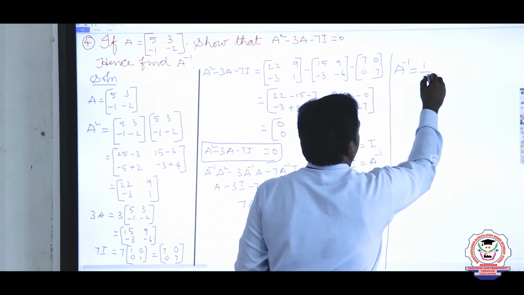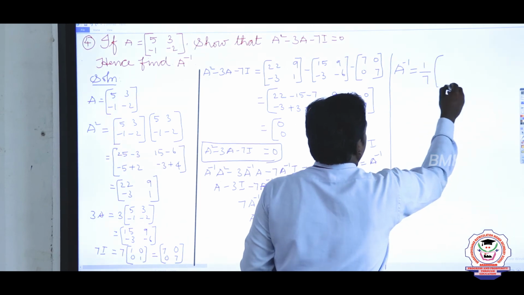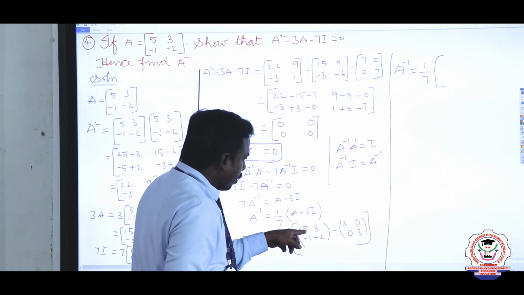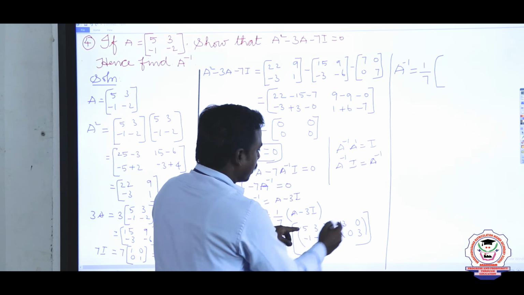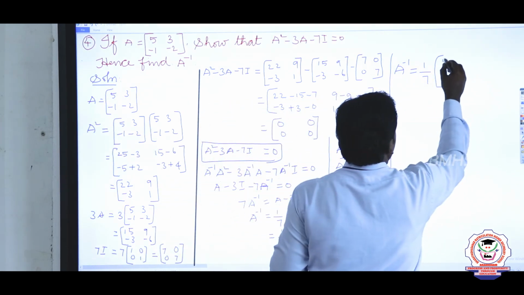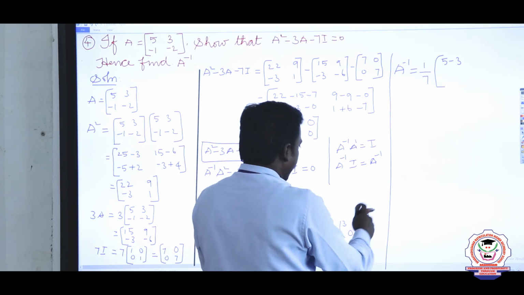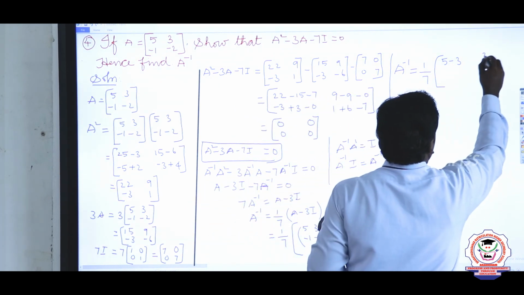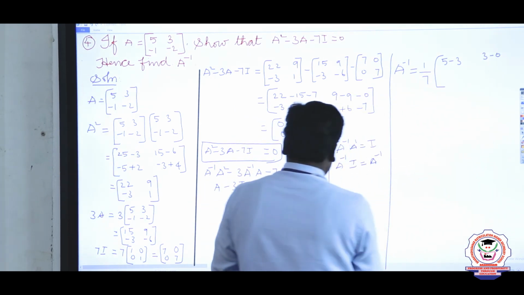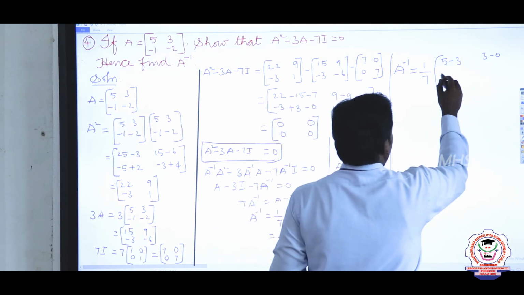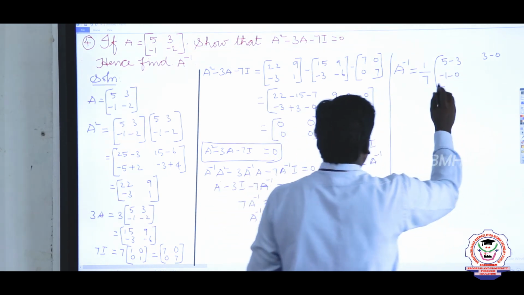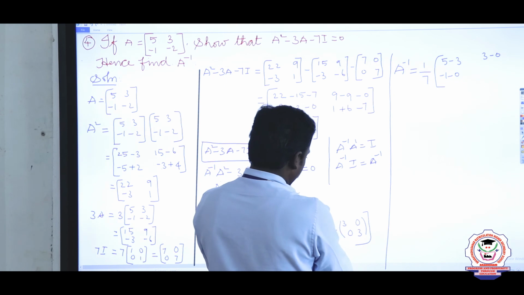1 by 7 into, now I am going to simplify this. 5 minus 3 for the first row, first column. 3 minus 0. Minus 1 minus 0. The corresponding elements are subtracted from the elements of the first matrix.